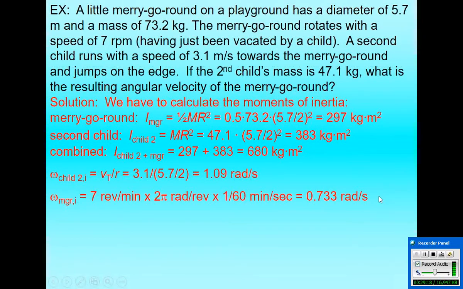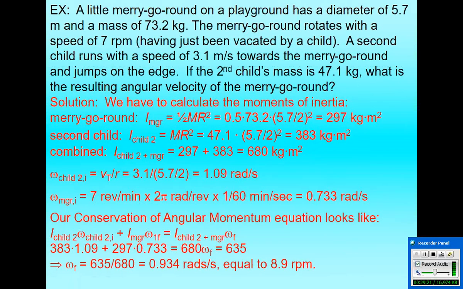Now we can apply conservation of angular momentum. The moment of inertia of the child times the initial angular velocity of the child plus the moment of inertia of the merry-go-round times the initial angular velocity of the merry-go-round. That's a typo. That should be omega 1 initial. And that's equal to the moment of inertia of the child plus the merry-go-round times omega final.